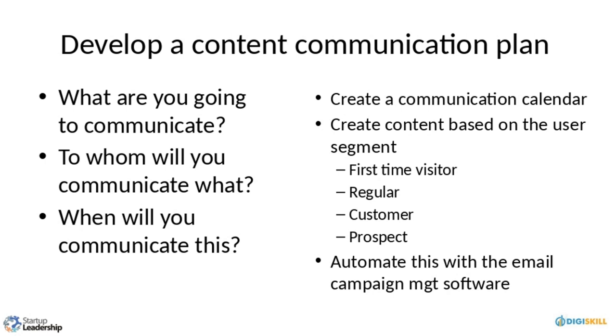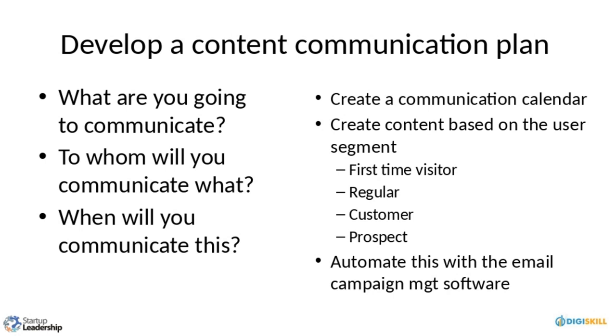Similarly, you need to plan out your different communication calendars and slot them into your email campaign management software so that it automates the business rules and sends it out to the person on a set frequency periodically, without you having to worry that we need to send out an emailer the day after tomorrow and then rush with the agency to figure out how to create and send it.